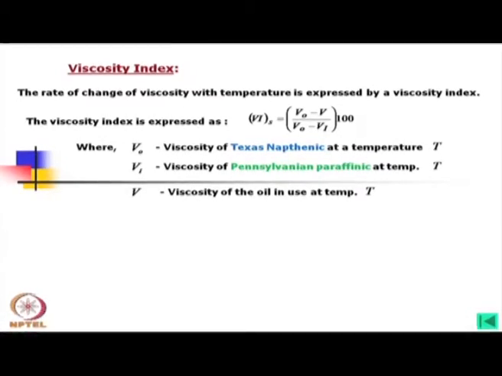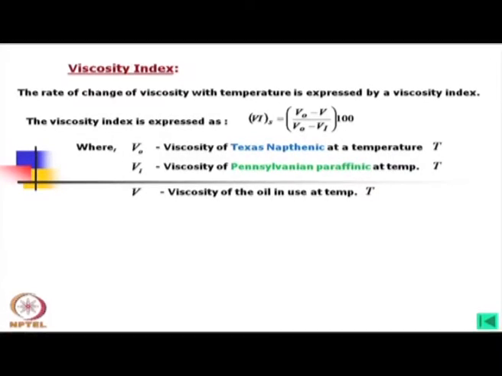And what we are doing, we are comparing with two reference fluids. One is Texas naphthenic and another is Pennsylvanian paraffinic, for which the viscosity is indicated by Vi. Now, what are these two?